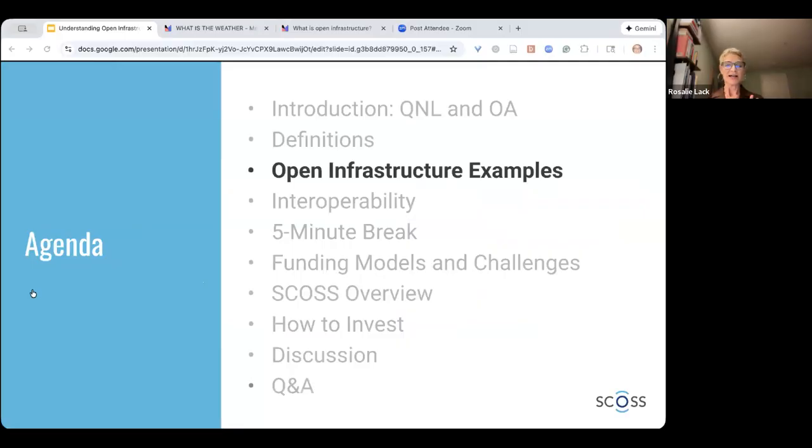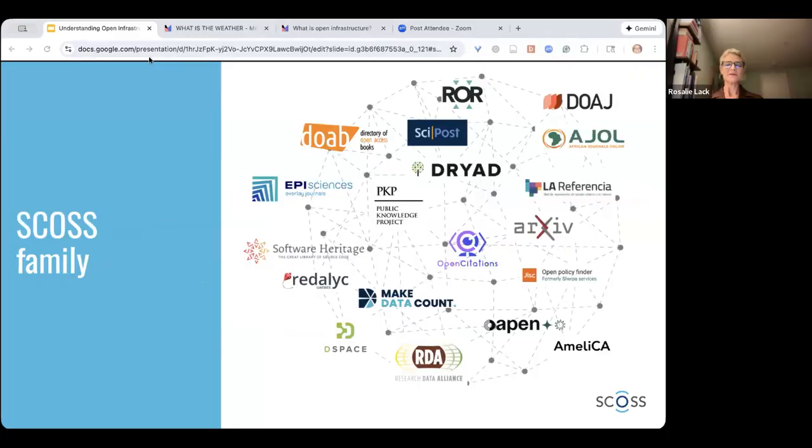We've been talking a lot about open infrastructure, but let me give you some examples. We started out with Al-Walid giving some examples of what they're using at QNL. What we have here is what we call the SCOSS family. I know I still haven't given you the SCOSS overview, but you'll get it, don't worry.